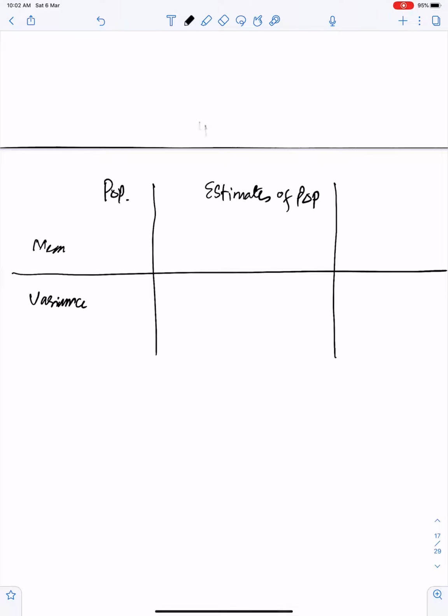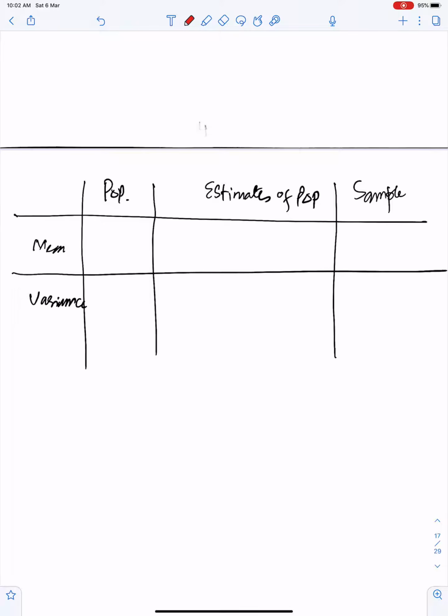Number two, samples. For population: mean, variance, and then estimates of population parameters, and this is sample. You just need to learn these notations.